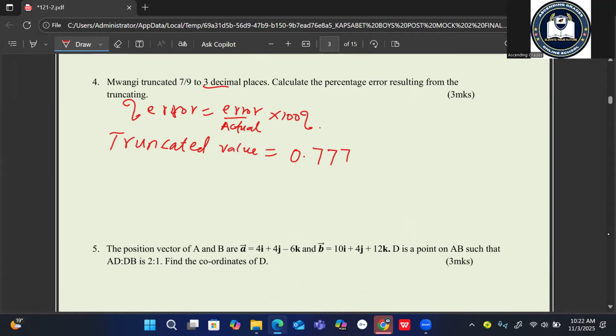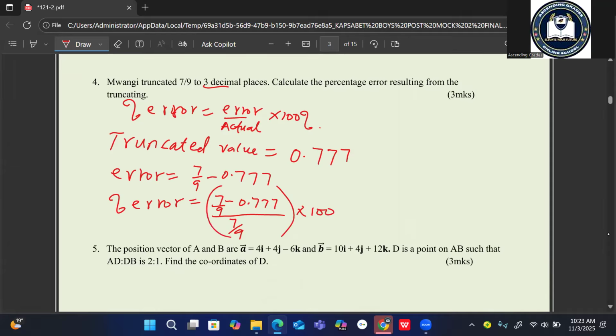So our error should be equal to 7 out of 9 minus 0.777. So our percentage error becomes 7 out of 9 minus 0.777 divided by the actual one, that is 7 out of 9. Then we multiply it by 100%. So upon doing that one, it gives you 0.1.